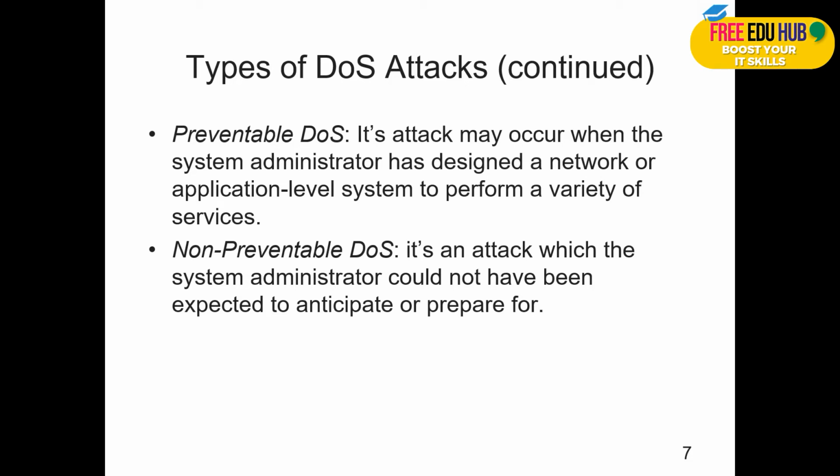A typical example is if you are defining an IP telephone system that it should not process more than a limited number of telephone calls within an hour, or video conferencing calls, because it consumes bandwidth. If it exceeds that, the system stops working. So that's preventable because he defined it himself that it should not exceed this limit.